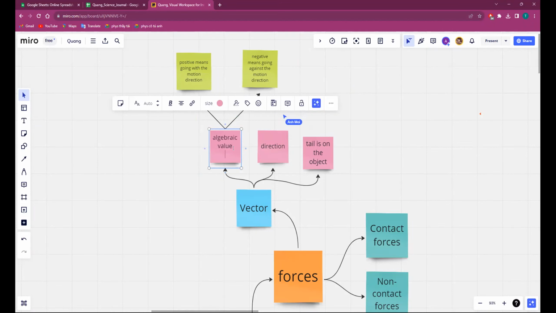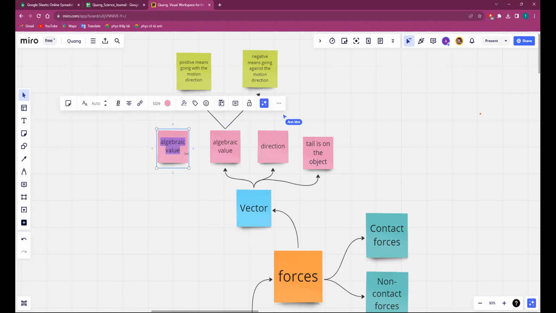That's very nice. The algebraic value can be positive or negative, but the magnitude is always greater than 0. So you need another sticky note for magnitude: magnitude always greater than 0.